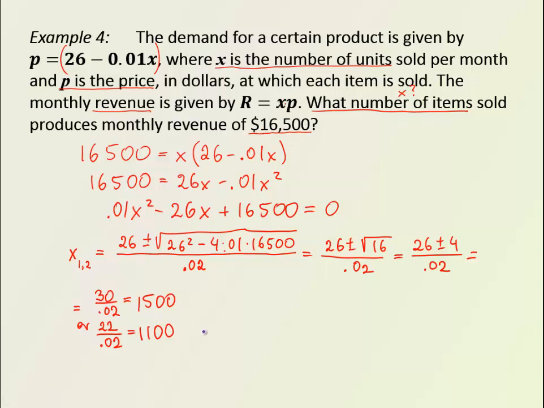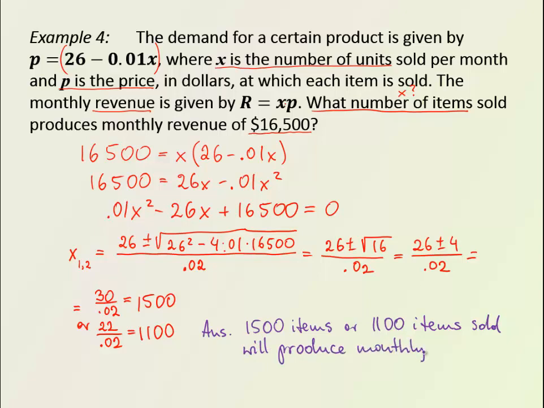So we can give the final answer: 1500 items or 1100 items sold will produce monthly revenue of 16,500.